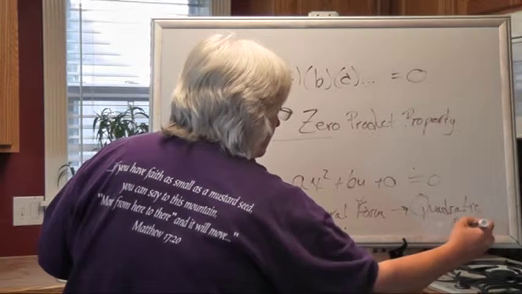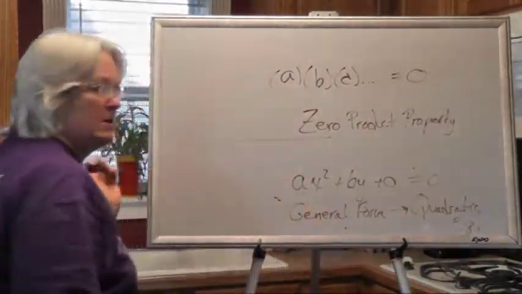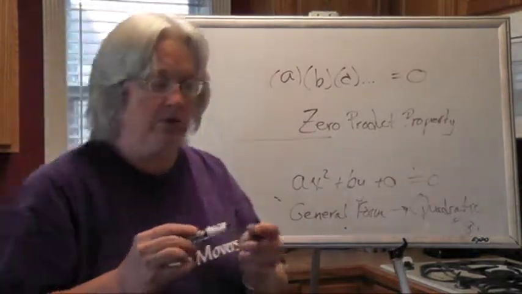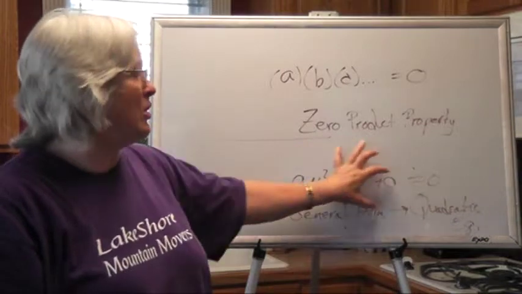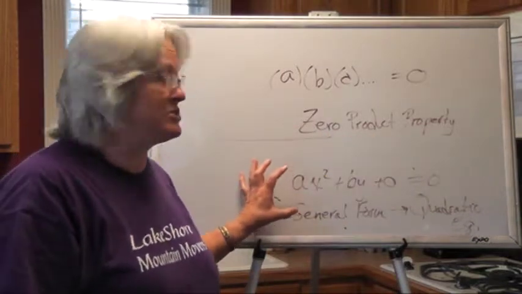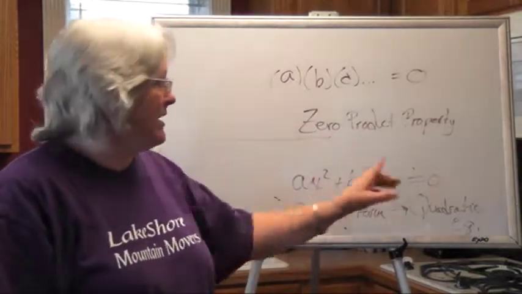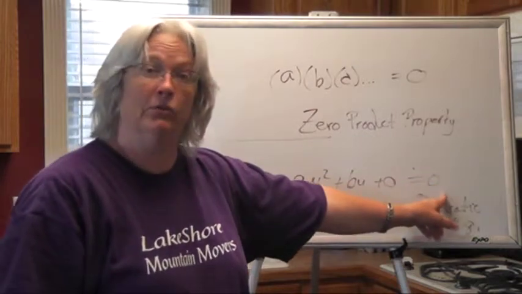It's very, very important that the general form of a quadratic has all of the variables and all of the constant terms on the left, and only 0 on the right.